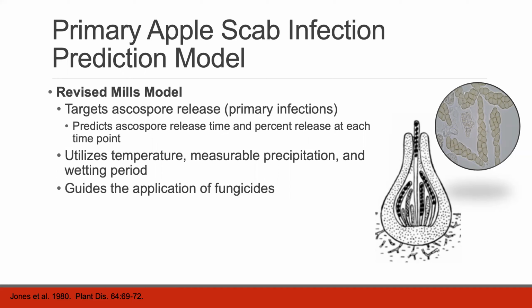The model utilizes temperature and measurable precipitation to predict ascospore release time, as well as the percent of spores released. Measurable precipitation is defined as 1/10 of an inch of rain or dew. The output of the model is used to guide the application of fungicides, specifically the timing of the fungicide applications.